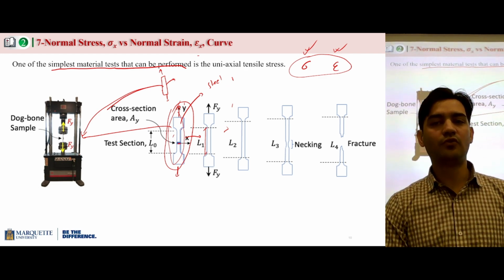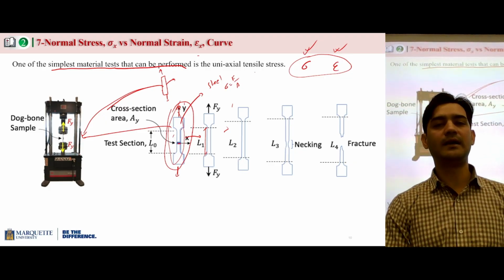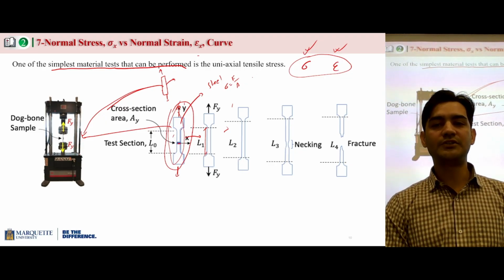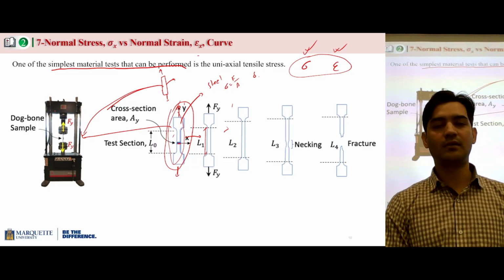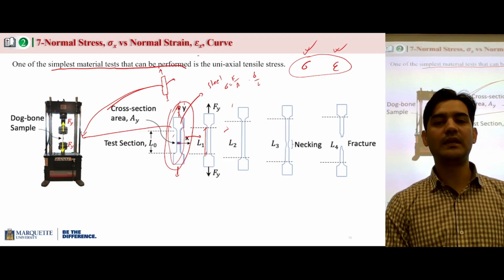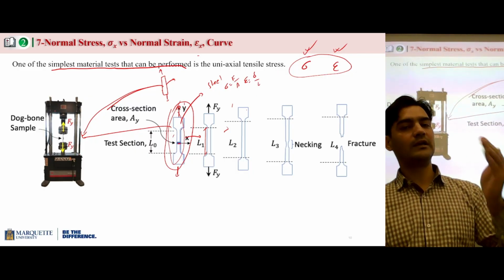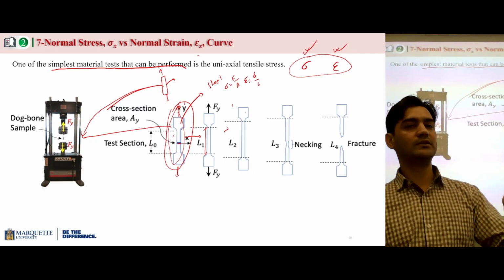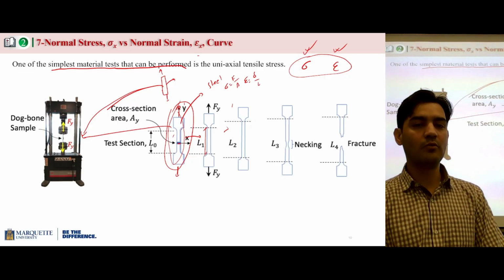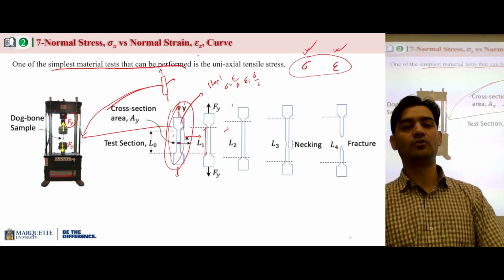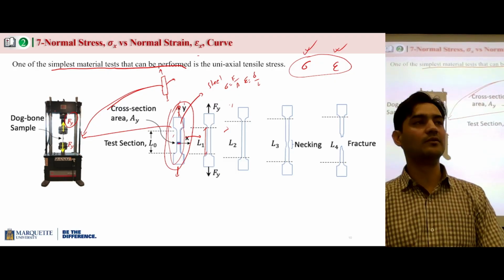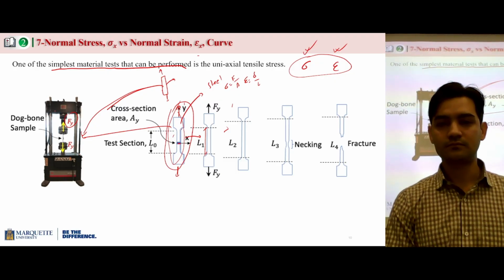And we know the force, we know the area, we can calculate stress, force divided by area. We know how much elongation is happening, we know the original length, we can calculate the strains as well. So at every different point, we can calculate the stress and we can calculate the strain because we know how much force we are applying, and we also know all the other configurations to calculate the stresses and strains.